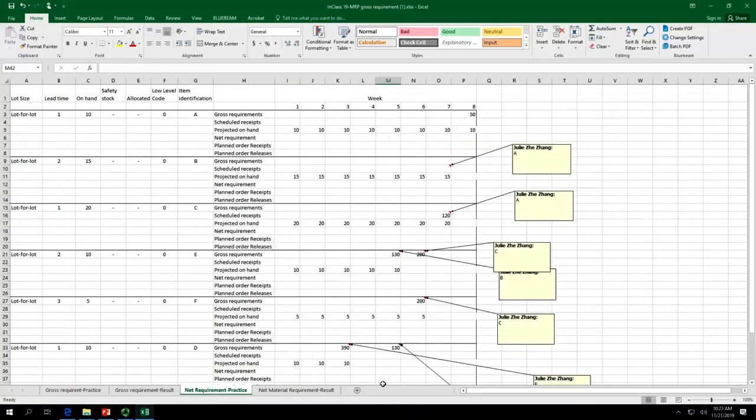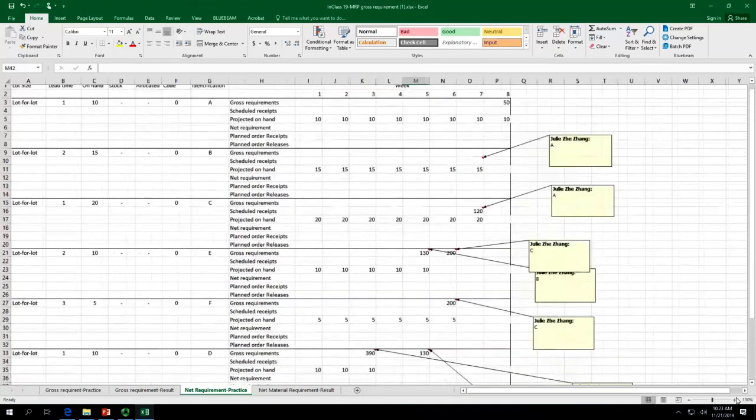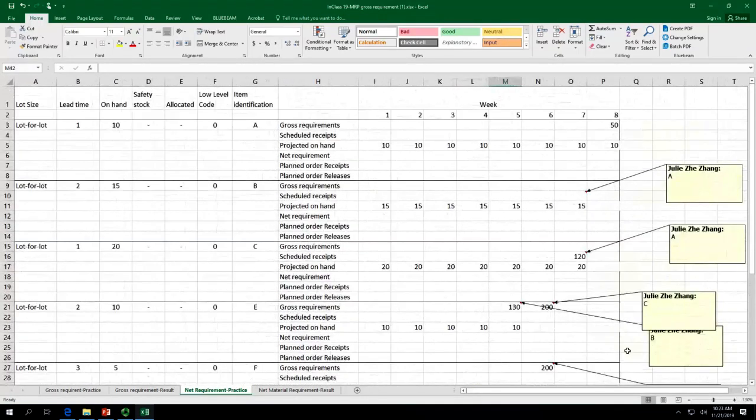Okay, here this one, if you look at this, it's more complicated. Maybe I should make this a little bit larger for you to see. That's the best I can do on this computer screen.